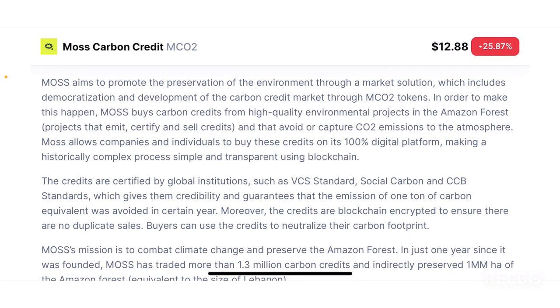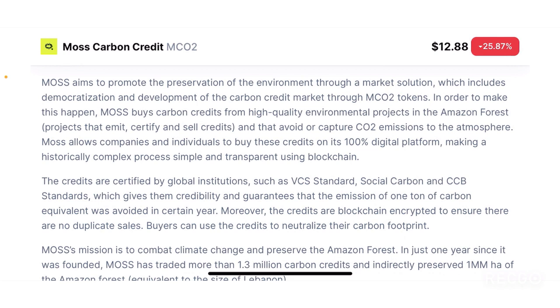So what Moss aims to do is enable the preservation of the environment using market solutions, right? They're trying to use multiple different strategies, some of which include democratization of the carbon credit system and development of the carbon credit market through MCO2 tokens. So they're using MCO2 tokens to democratize and develop carbon credit markets, right?